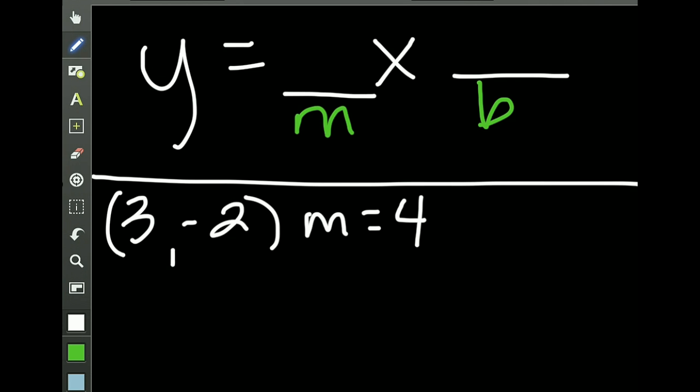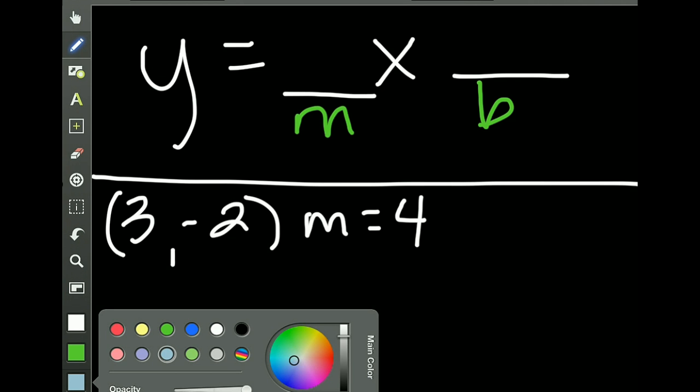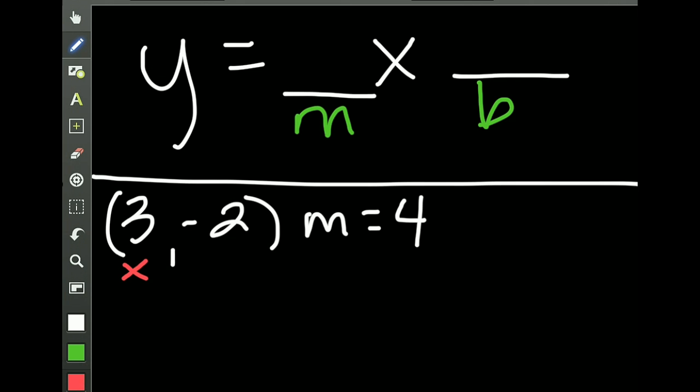What does 3 represent? X. What does -2 represent? Y. And what does 4 represent? Slope. M. What's the only one we don't know? B. So using slope-intercept form, we're going to plug in all of those values. Remember, the nice thing with a formula is that if you know all of them but one, you can solve for that one.